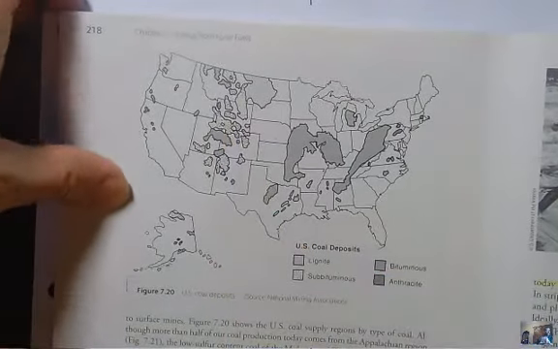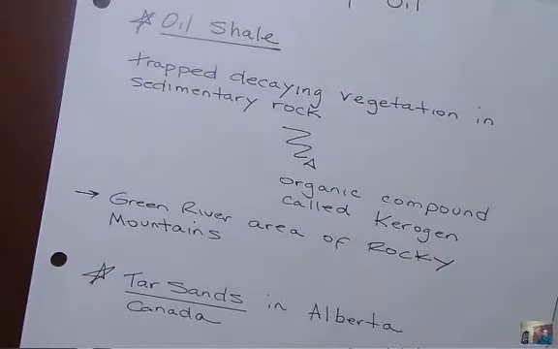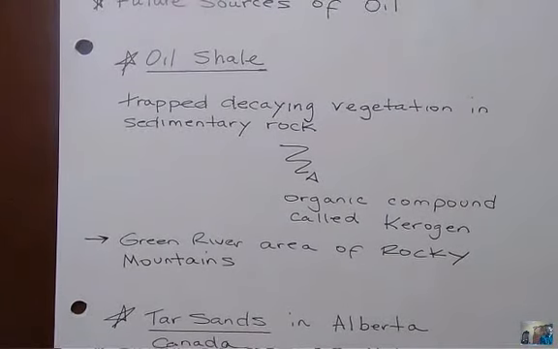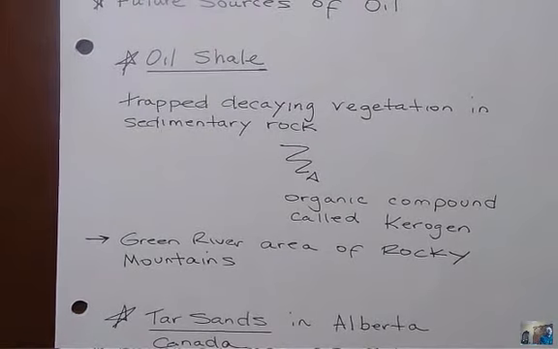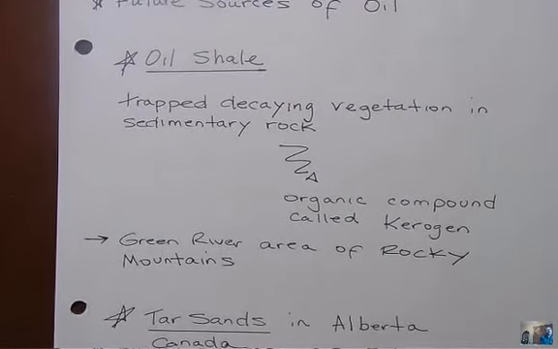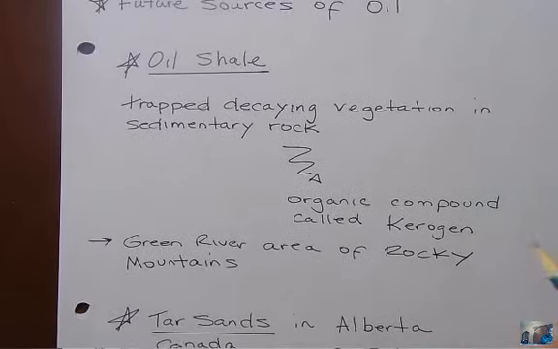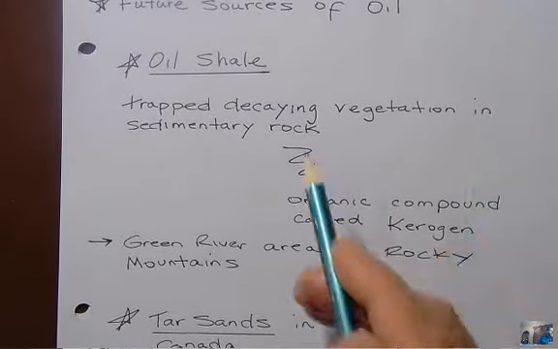It's called the Green River Valley. And one of the products that's there is shale oil. So it's oil that's trapped inside decaying vegetation in sedimentary rock. It makes an organic compound called kerogen, and that kerogen can be extracted and converted into oil.